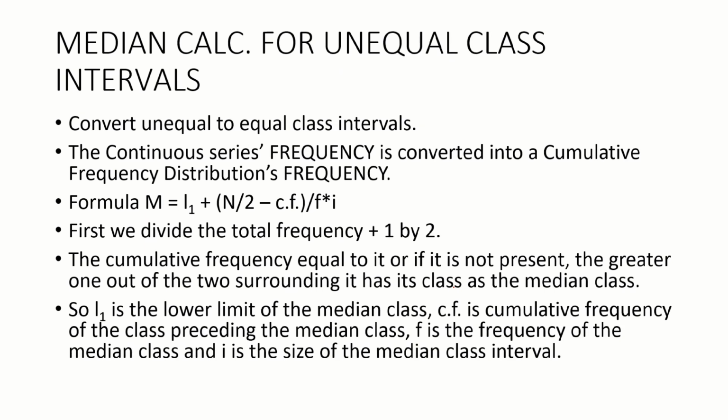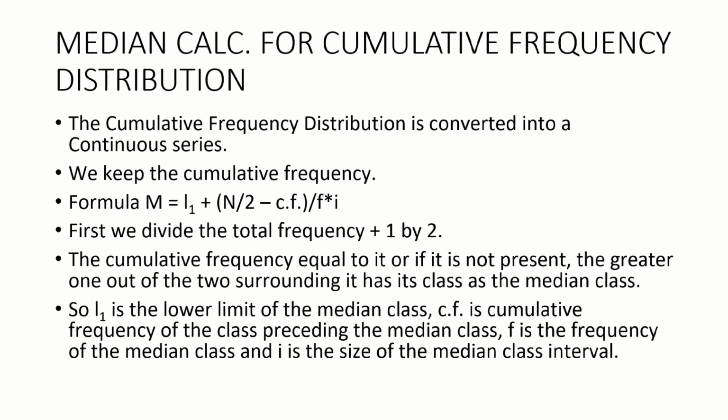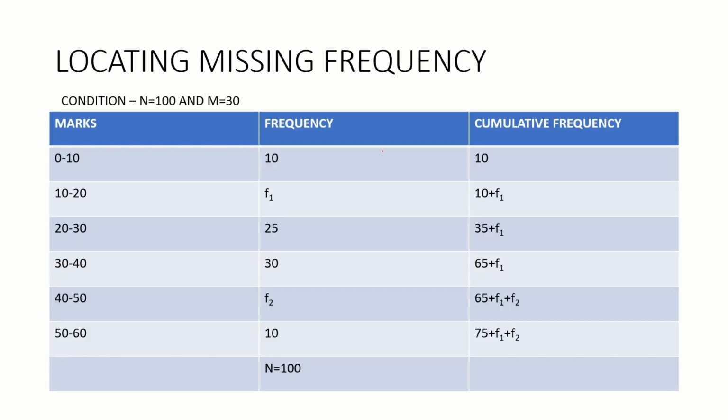Now, what if there's unequal class intervals? We'll convert those unequal to equal class intervals and use once again the same formula and the same steps. We just need to fit them in, from unequal to equal, or from inclusive to exclusive, or from cumulative to continuous.